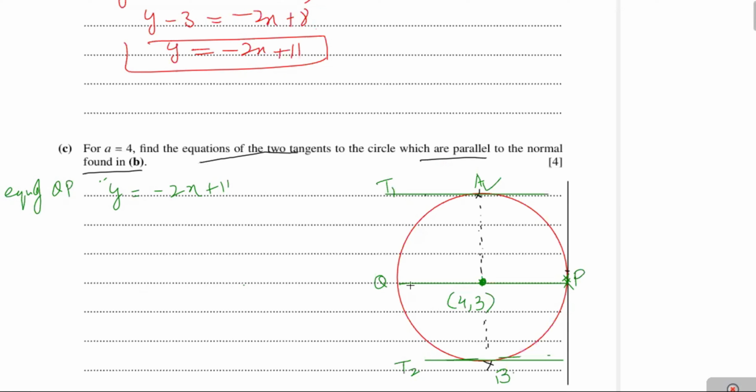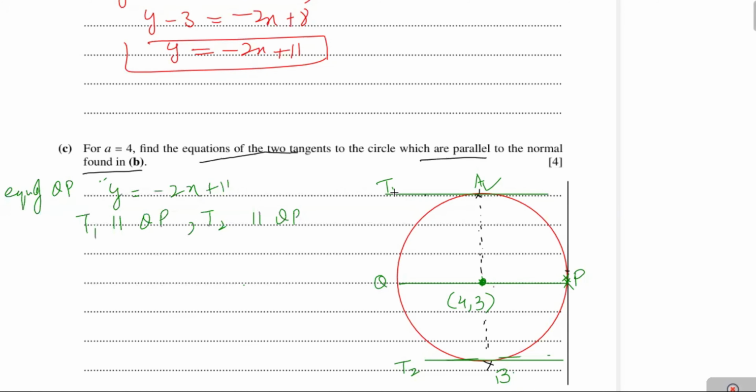This line and the two tangents are parallel. T1 is parallel to QP and T2 is also parallel to QP.